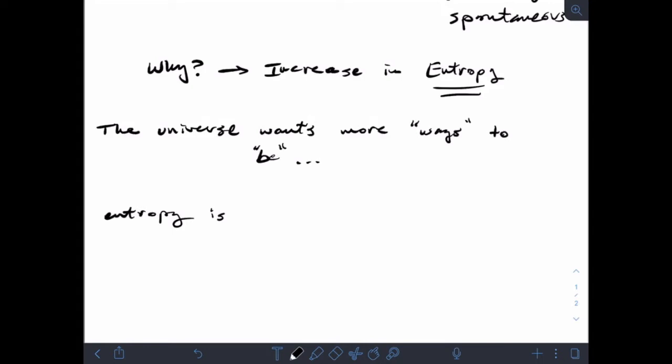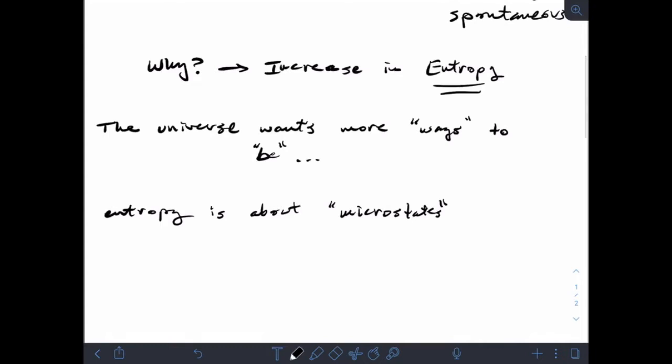So let me just write all that out here for you. Microstates. Like I said, they are options for movement or direction.